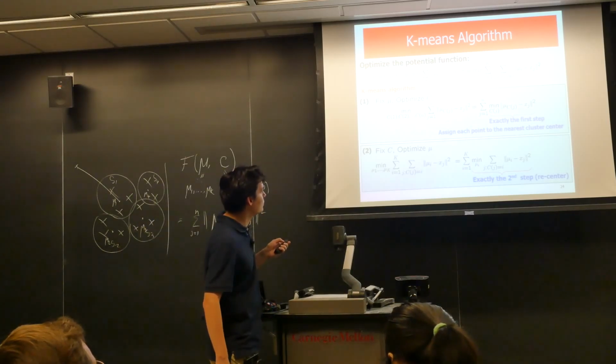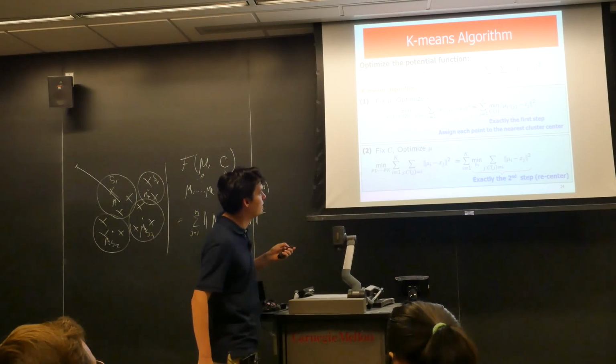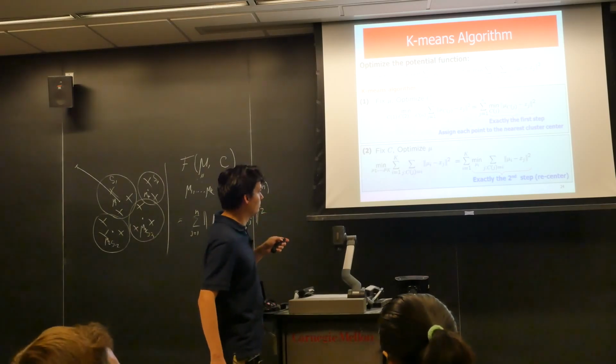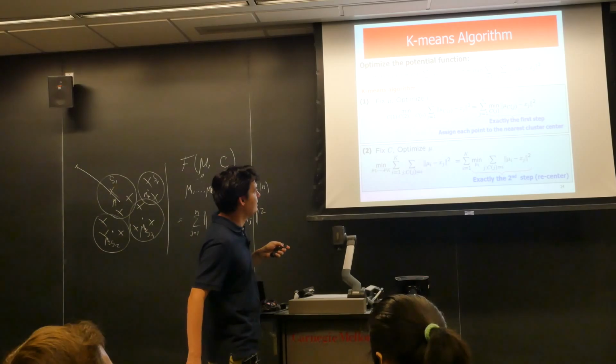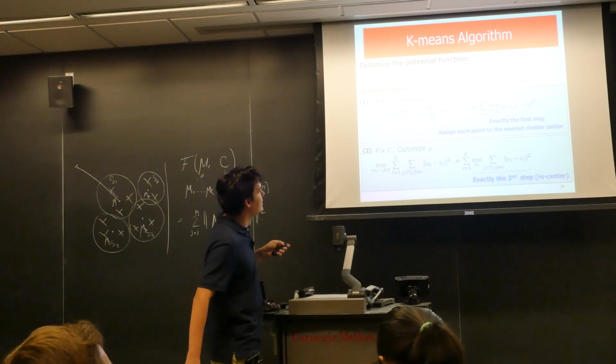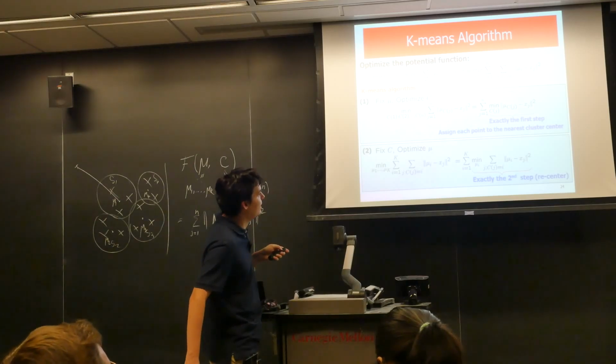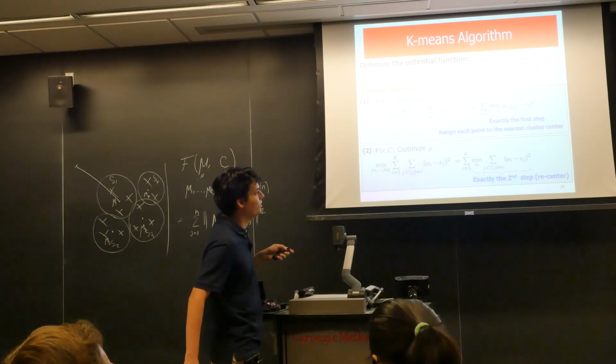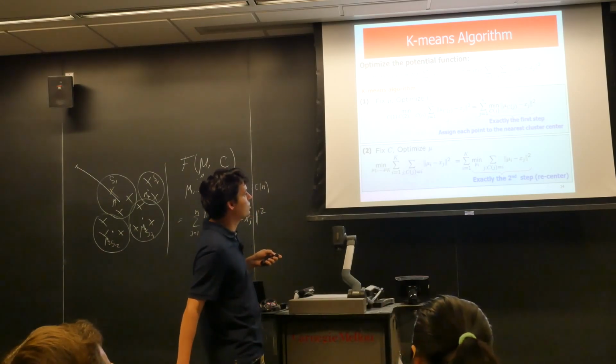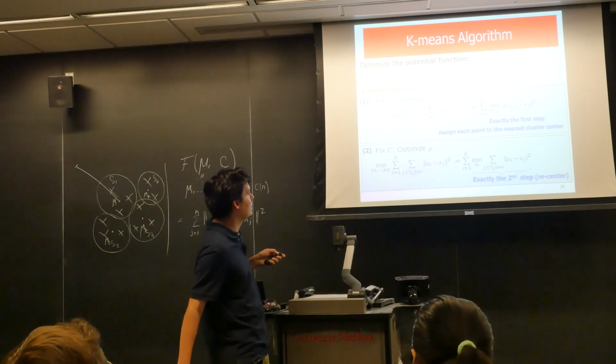So you want to minimize over c1, c2, and so on, this sum of squared distances. And you can easily see that you can move this sum outside of this minimization and just minimize each term here over Cj, because they don't depend on the other terms. So that's the first step of the k-means algorithm.